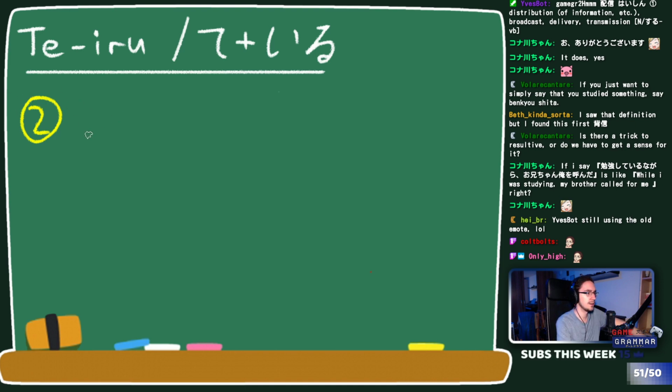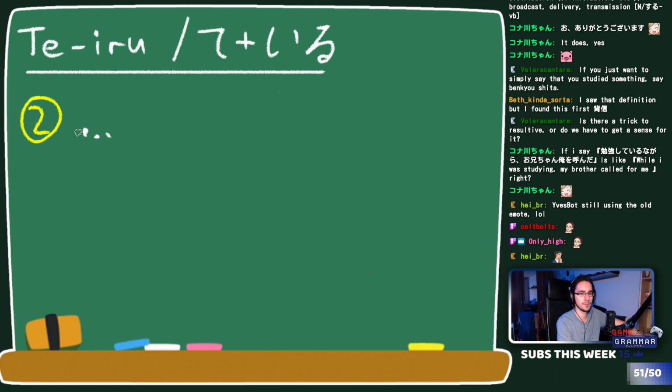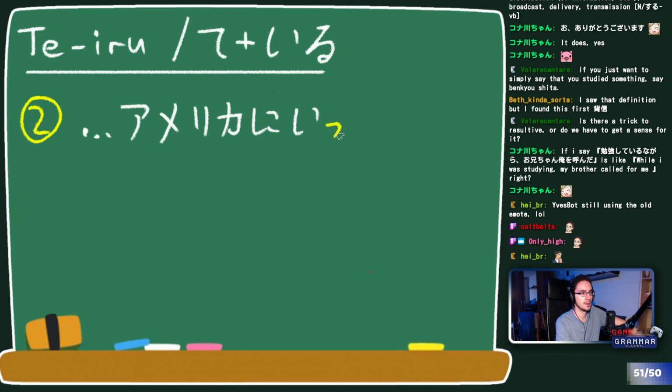I can say something like, let's say we have some subject here, and then we can say just America. アメリカに行っている, okay? And you may have seen this explained. So, 行って, I'm gonna make this red, just because. 行っている.